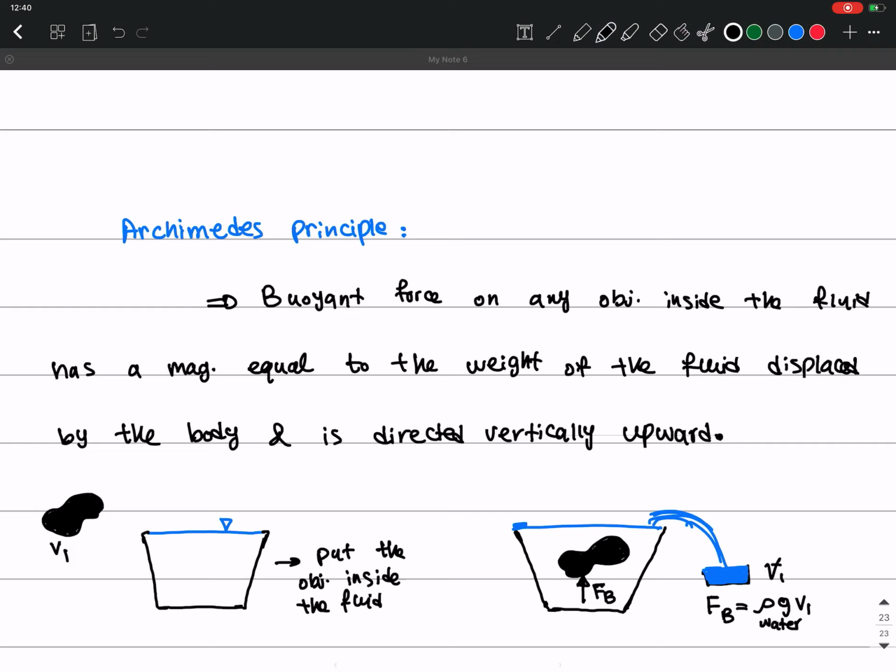So it doesn't matter what the density of the object is. If this has a rho obj, and the water has rho water, the buoyant force is going to be rho water times g times the volume of the water that is displaced, which I showed here. If it is completely inside the water, it is going to be rho g times the volume of the object.